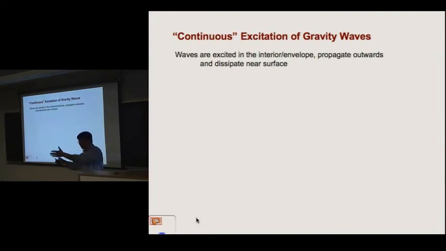When the wave propagates outwards, it doesn't come back. Nothing will make it come back, right? Because as the wave propagates outwards, the amplitude becomes very large, and it will be damped or dissipated. So waves excited from the interior or envelope propagate outwards and then dissipate near the surface. That's the right way to think about this problem.